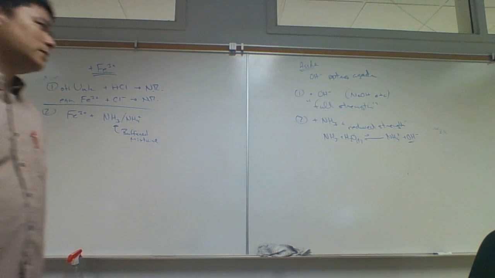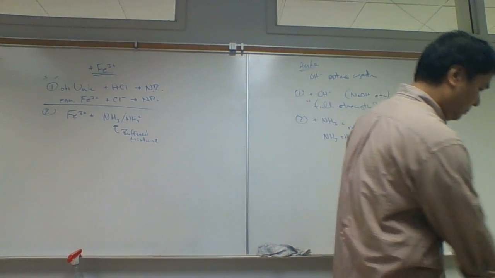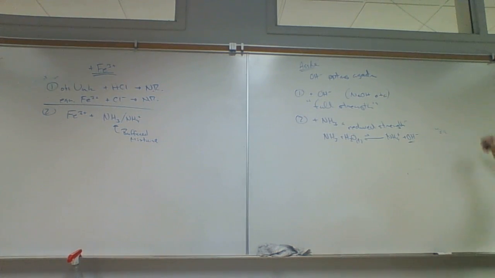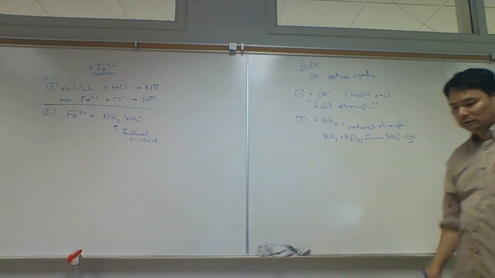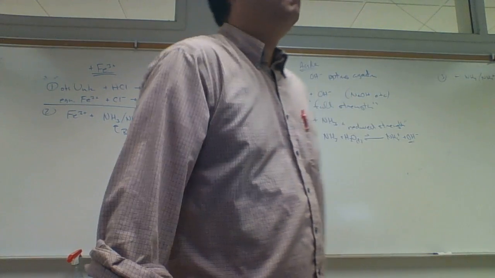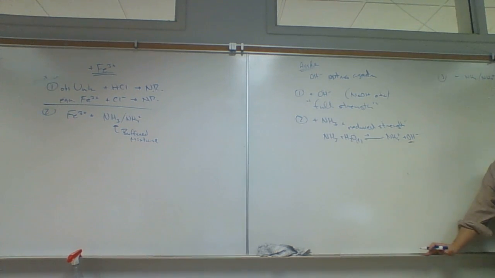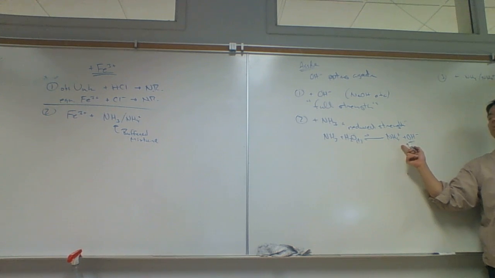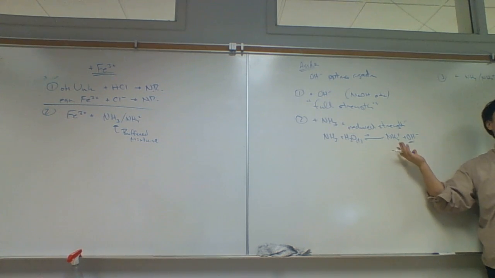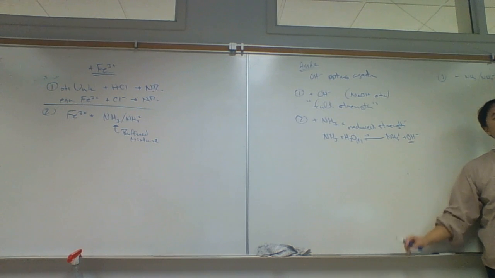We can further reduce that strength by taking advantage of Le Chatelier's principle. Ammonia plus ammonium we call a buffer. What happens if I add ammonium to this? So now I have ammonia in water, and it hydrolyzes water to form a little bit of ammonium and hydroxide. What happens if I take this equilibrium and add ammonium to this equilibrium?